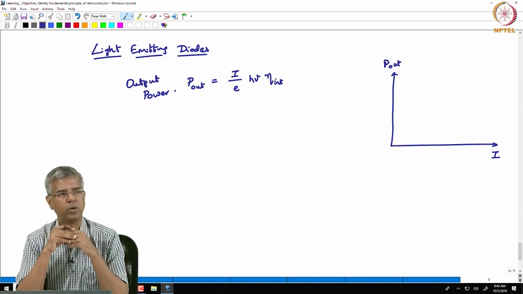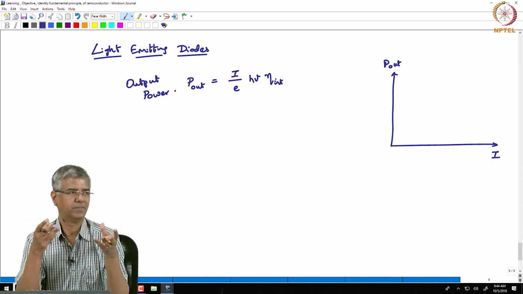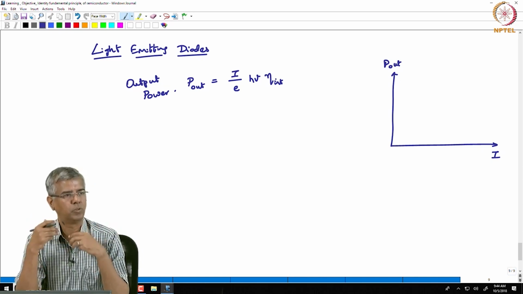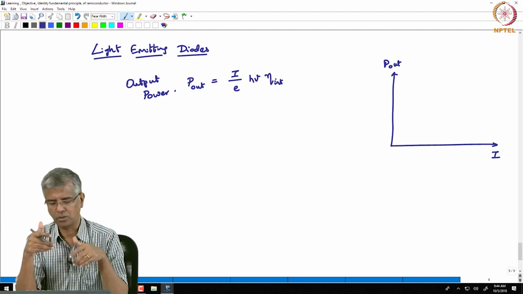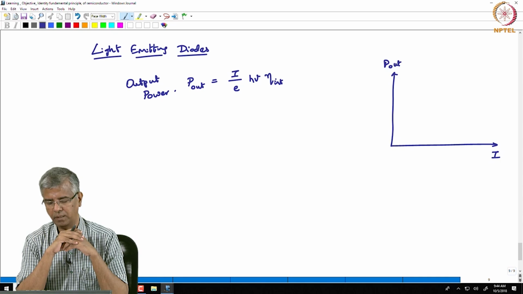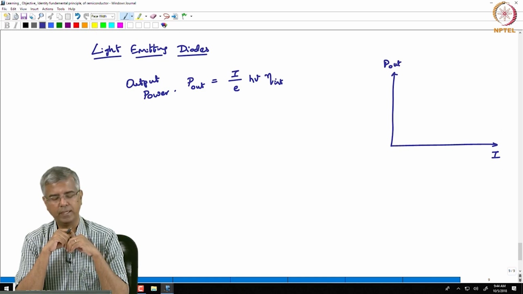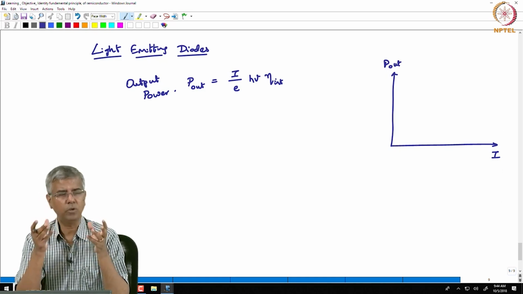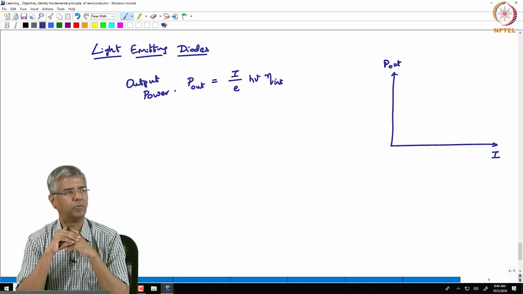So, the electrons could collide with each other and generate heat, and since they are losing energy as heat, you may lose that corresponding electron energy in the conduction band, and so that would be a non-radiative mechanism, because now you are not extracting a photon out of those electrons.